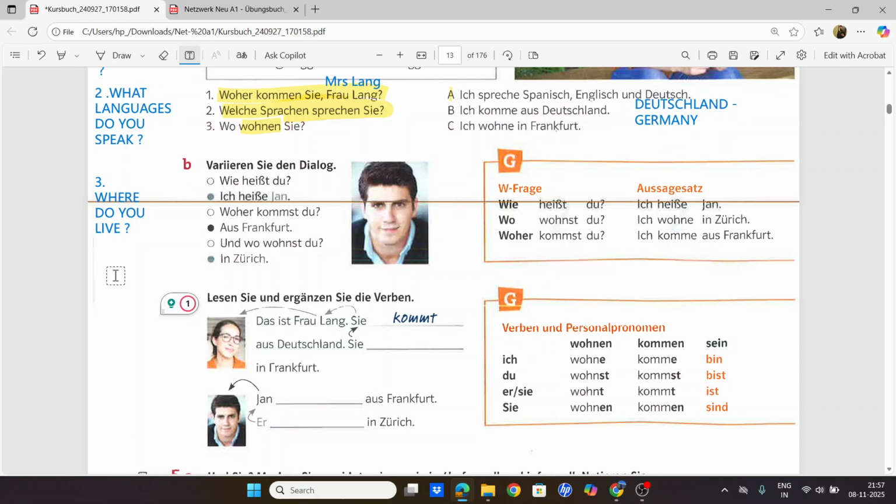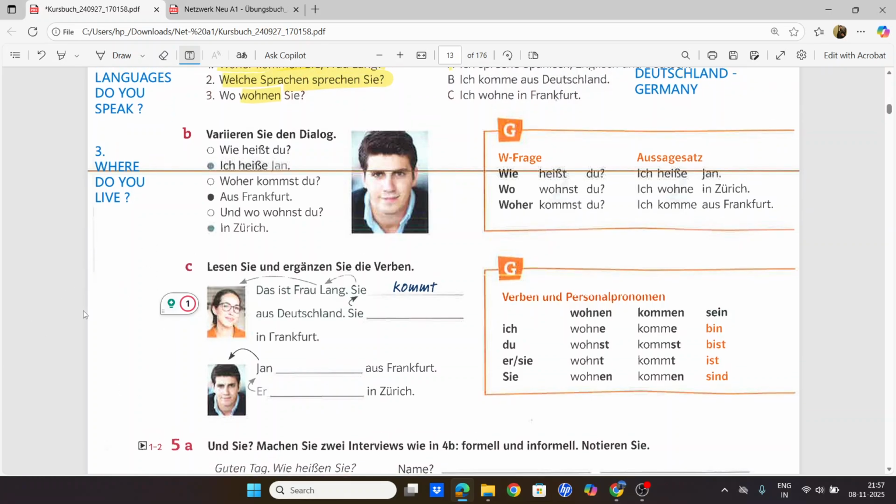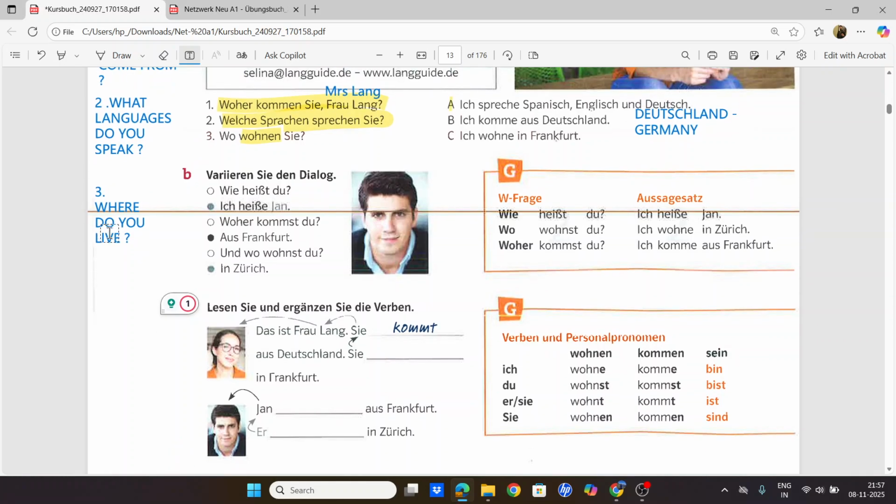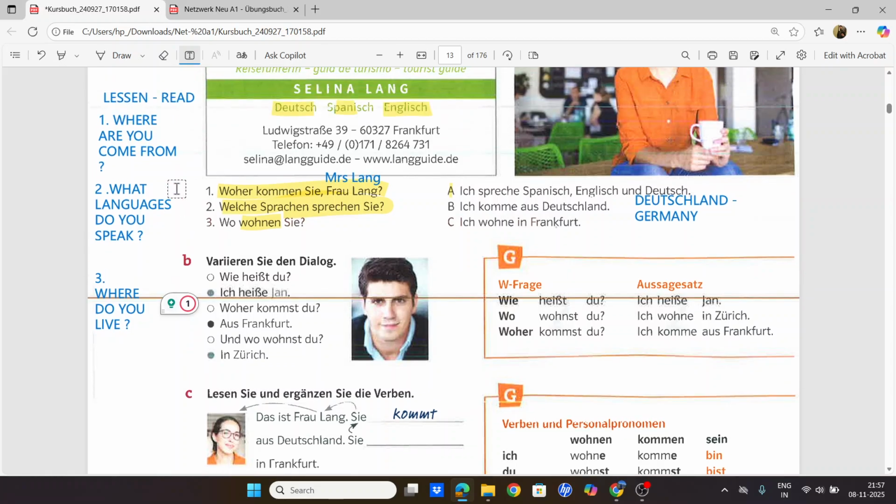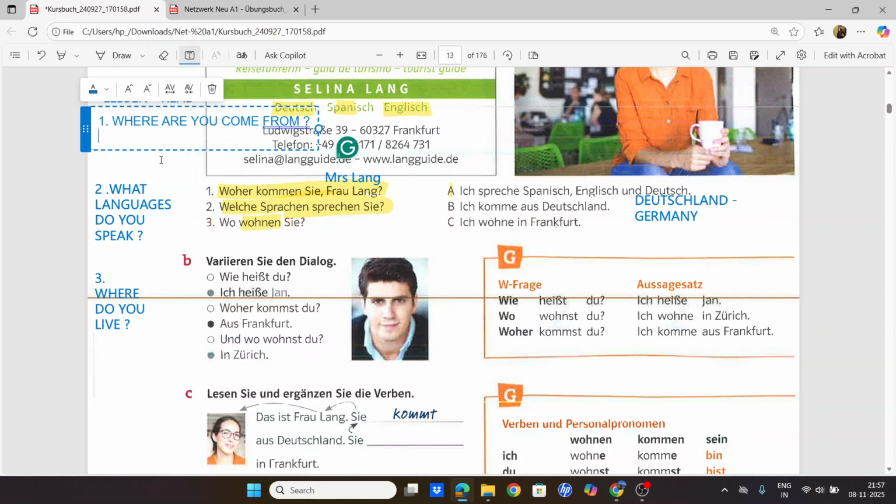I'm from India. So how am I going to write this? Whatever the question, I'm going to write the answer in front of it. So let's answer: ich komme aus India.